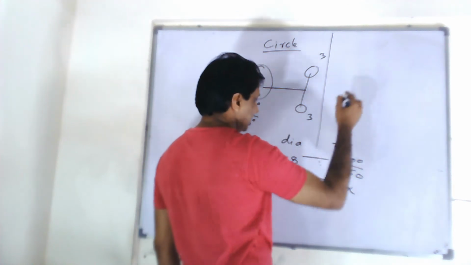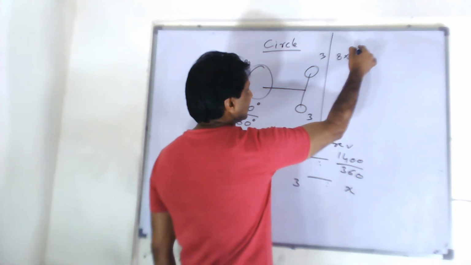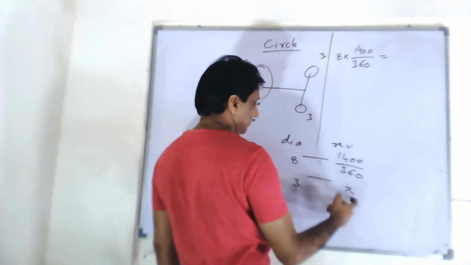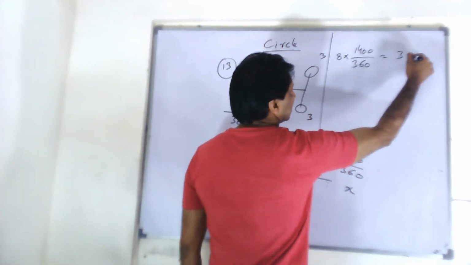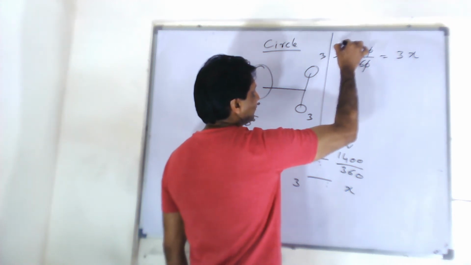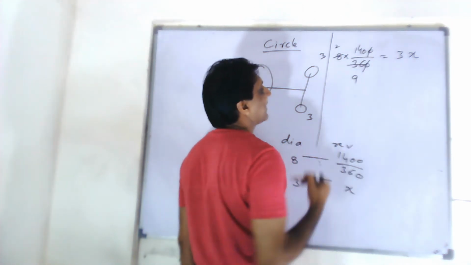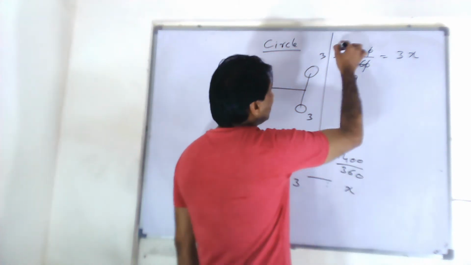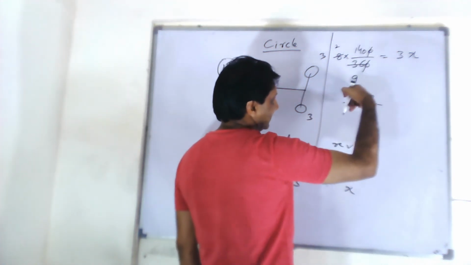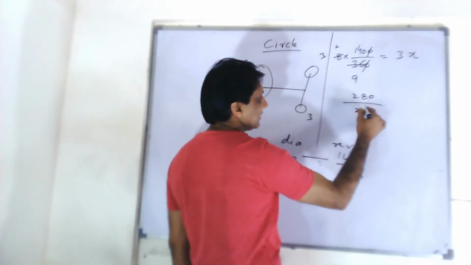Okay, let's do this. 8 times 1400 upon 360 is equal to 3x. Cancel the zeros, 4 times 2, 4 times 9. 2 times 140 is 280, and bring this 3 here with 9, 9 3s are 27.